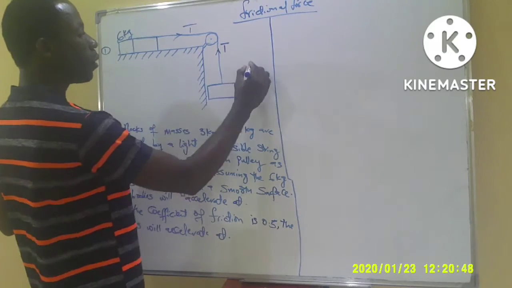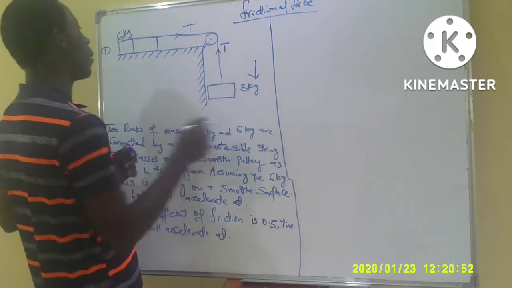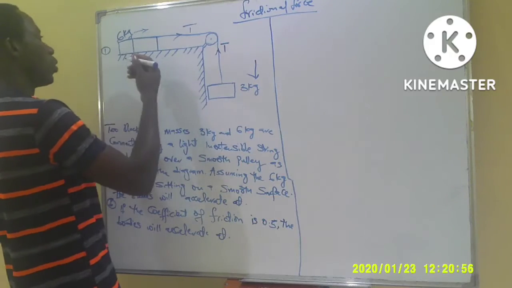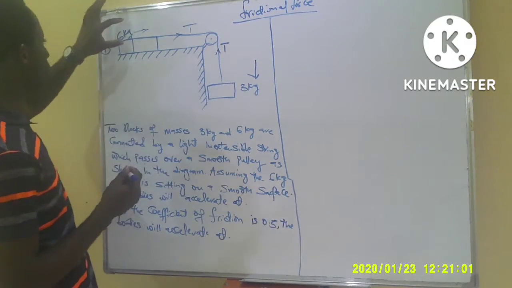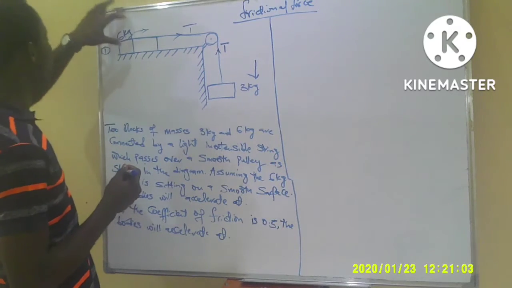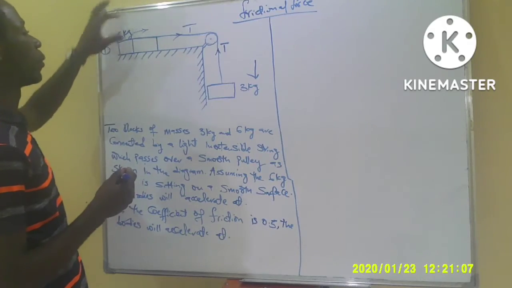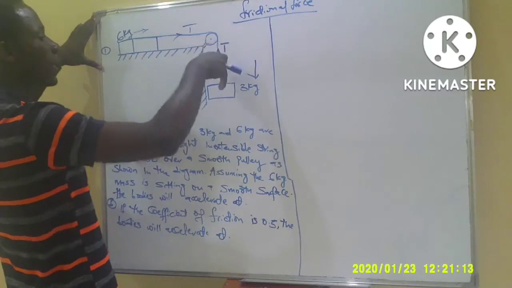There is also a force based on the weight of the object acting downward, and a force at this point too that is also trying to go towards this direction. But then there's a force here with respect to this mass, 6 kilogram. Yes, but this force and this force is coming downward.